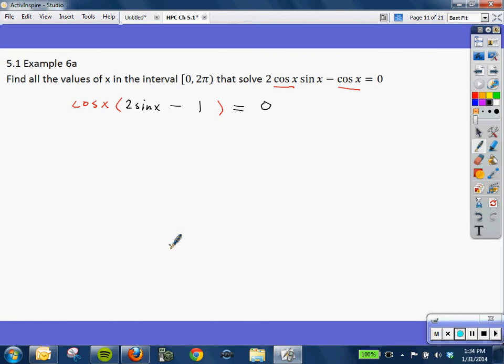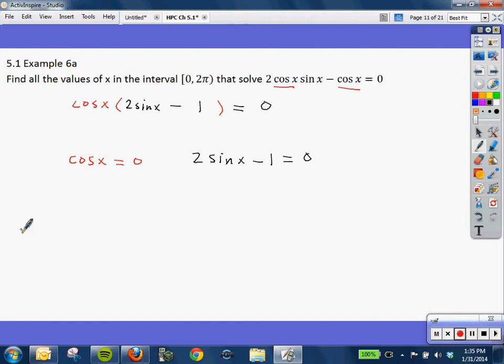So now we've rewritten this equation into a problem that has factors on one side. And so in order to solve for x, we can set the factors equal to 0. So let's go ahead and do that. We're going to set cosine of x equal to 0. And then we're also going to set 2 times the sine of x minus 1 equal to 0. So cosine of x equals 0.